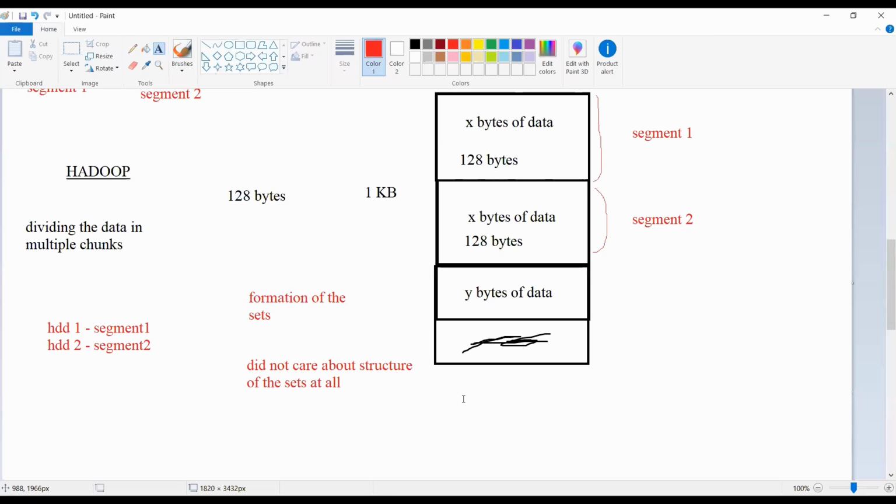It is not thinking about how to dump the sets so that even if you are not going through all the 10 million data you have, you can get a fairly close result.